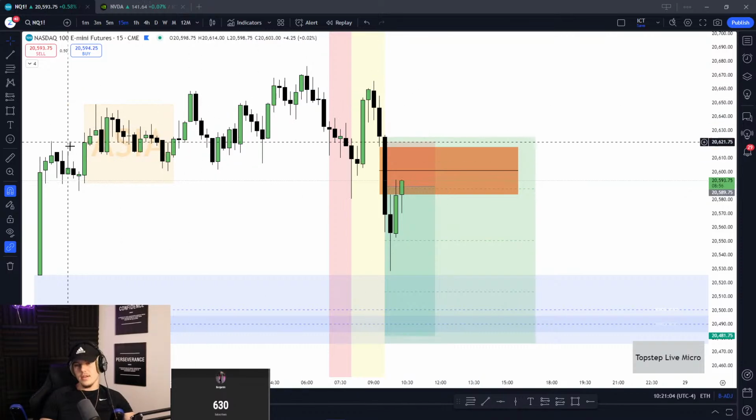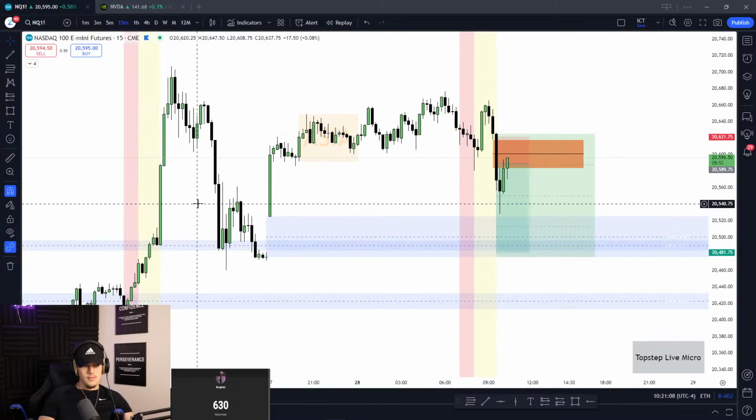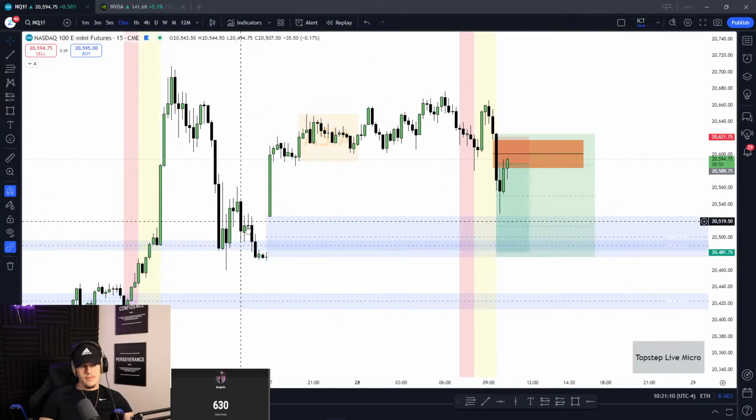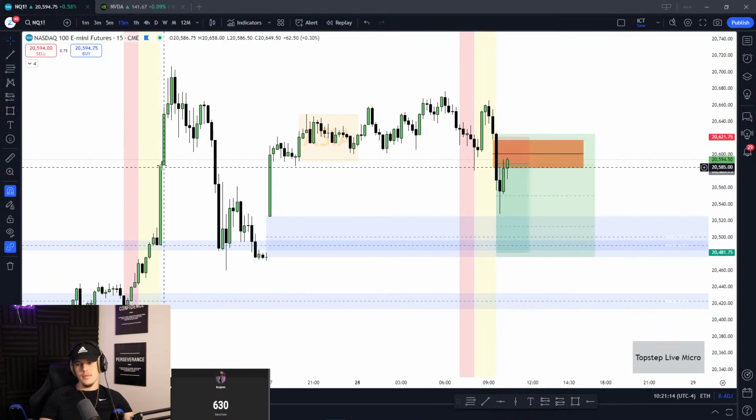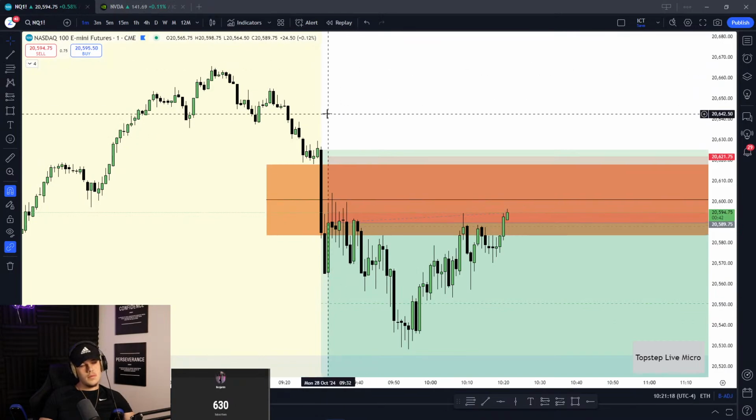But this does look like clean consolidation, manipulation, distribution. But again, look at that new week opening gap, man. Price is really choppy right now.